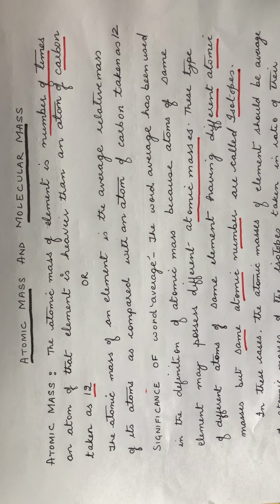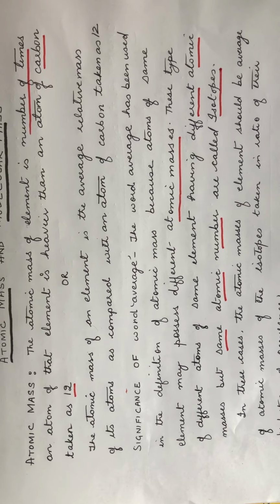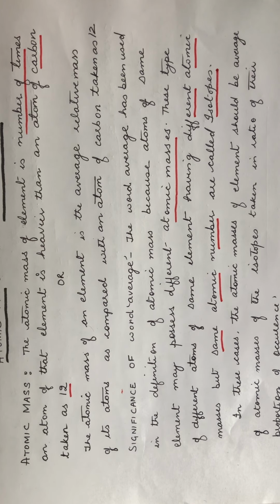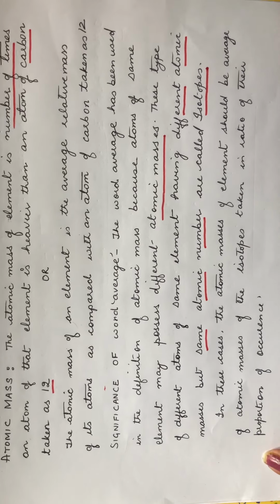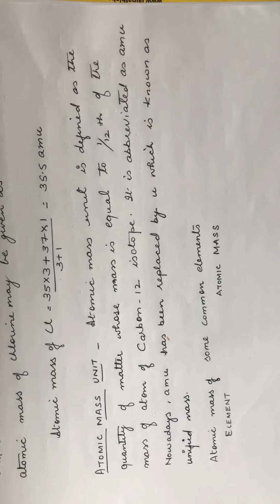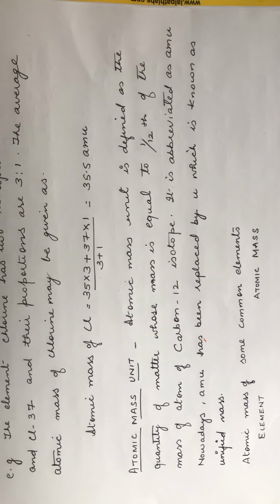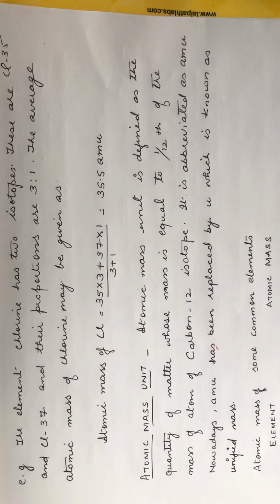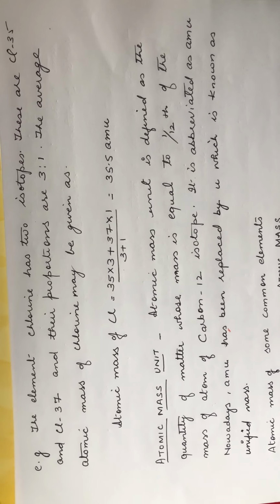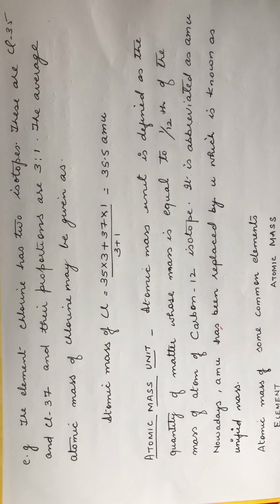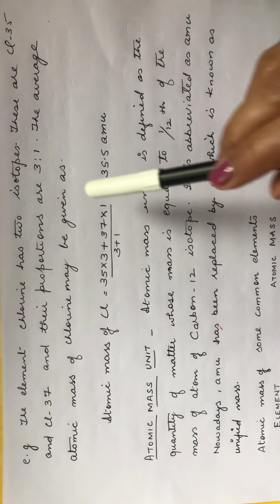So in this case, how to determine the atomic mass of the element? In these cases, the atomic mass of the element should be the average atomic mass of the isotopes taken in the ratio of their proportion of occurrence. For example, the element chlorine has two isotopes, chlorine 35 and chlorine 37, and their proportions are 3:1.